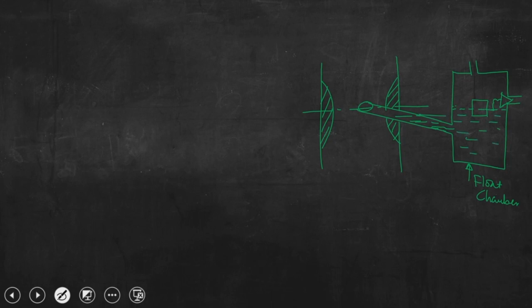If we give that height small h, this is delta h, the height difference.